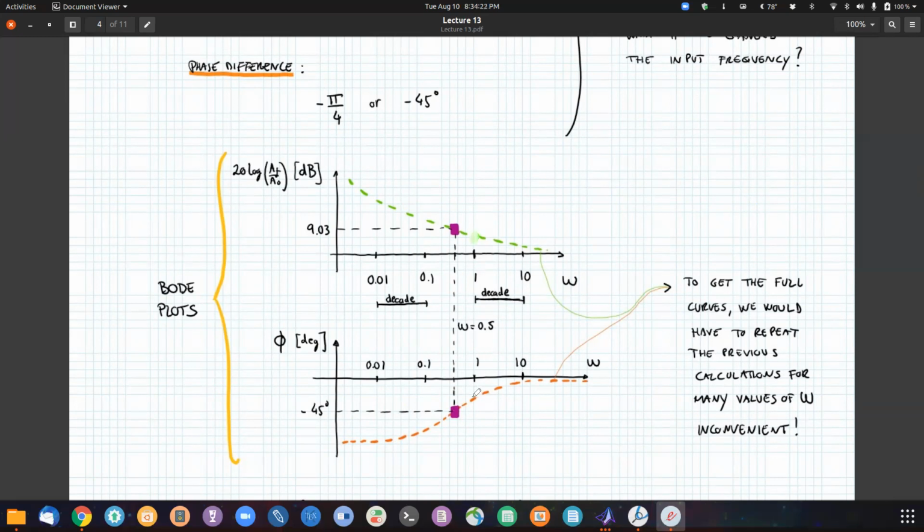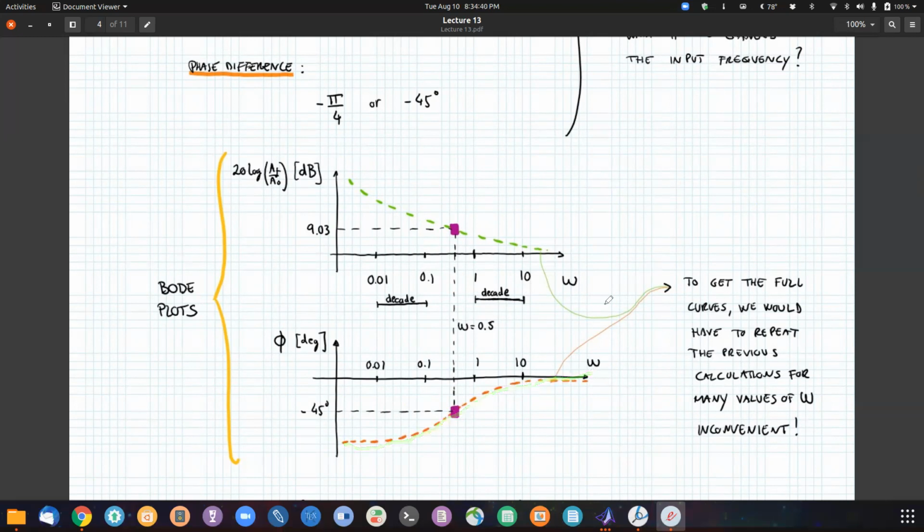Same thing for the phase. And so once you have all these points, you can find curves such as this. Here, dashed curves for the amplitude ratio and for the phase difference.